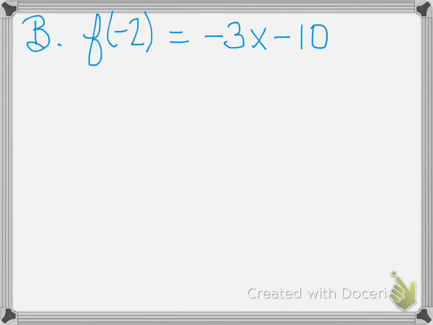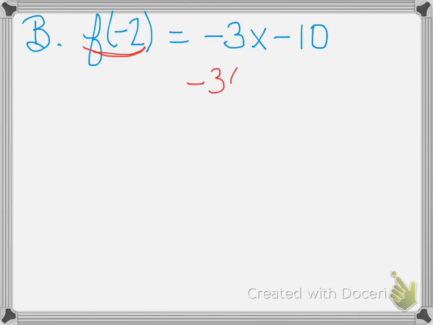All right, we're going to use the same rule here. As you'll see, over to the side, we have the rule of negative 3x minus 10, same as the first one. But this time, we're finding f of negative 2. So when our x is negative 2, what is our output? This is our output. And so we're going to plug in negative 2 everywhere we see x.